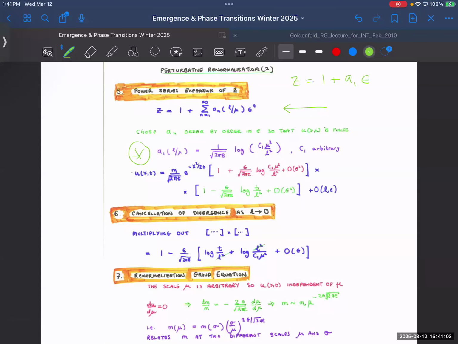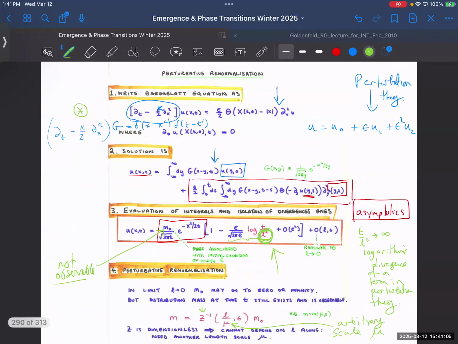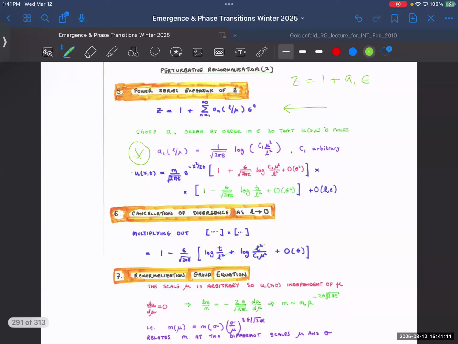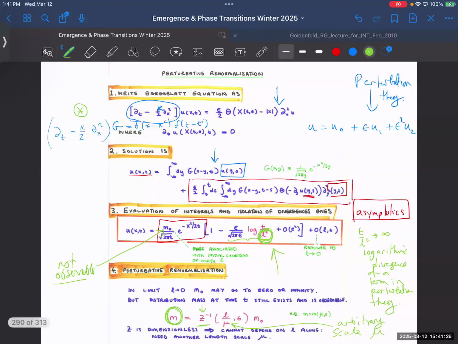U is M, so this M is now the actual mass, which I don't know what it is, the renormalized mass, times e to the minus x squared over 2t, 1 plus epsilon over the square root of 2 pi e log c1 mu squared over L squared plus order epsilon squared. That is my Z factor. That's my Z factor that comes in from here. Okay, so that's what I've done.